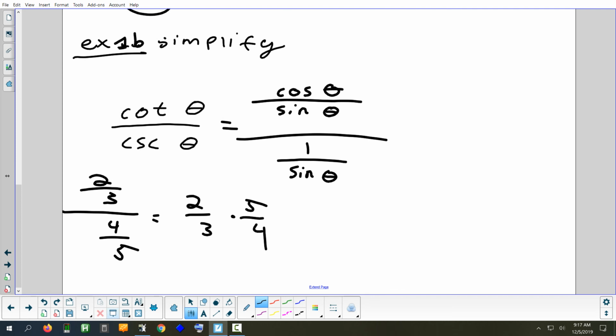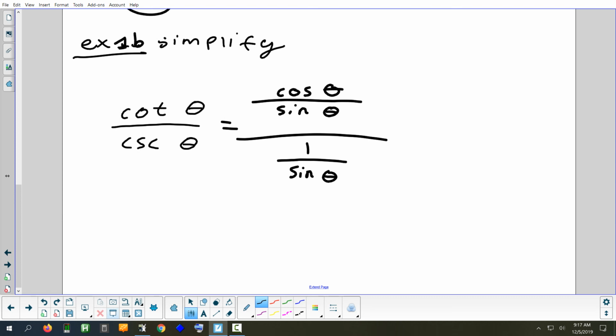So they teach you, maybe? I don't know what they teach you now. But keep the top the same, change the division to multiplication, and flip the bottom. So you multiply the top by the bottom flipped. So now we'll do the same thing here. Keep the top the same. And multiply by the bottom flipped.